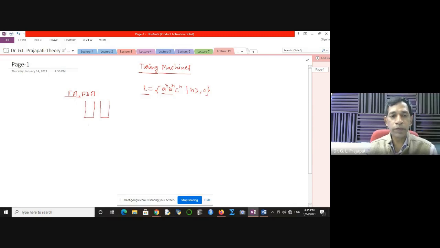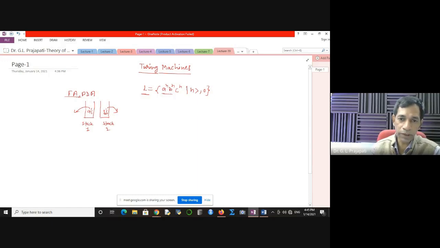This is stack 1 and this is stack 2. In stack 1, you have to save the A's. In stack 2, you have to save the B's. Whenever you start reading C, you delete an A from stack 1 and at the same time delete a B from stack 2.